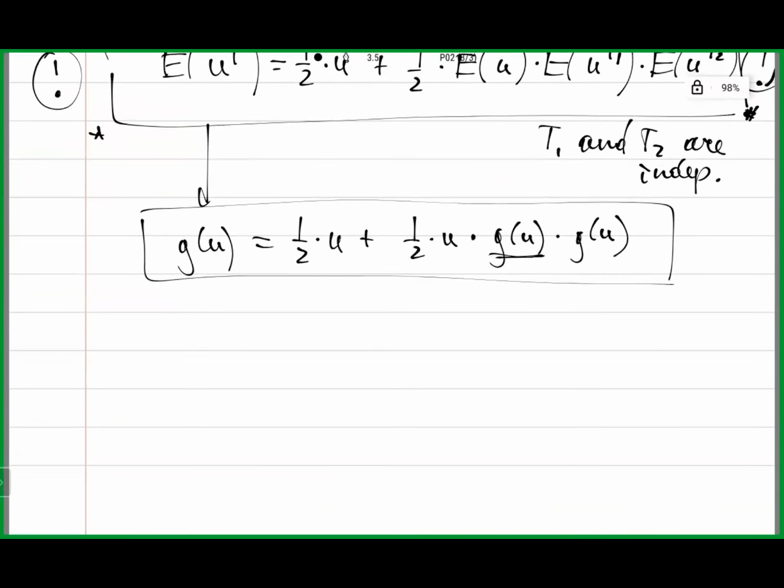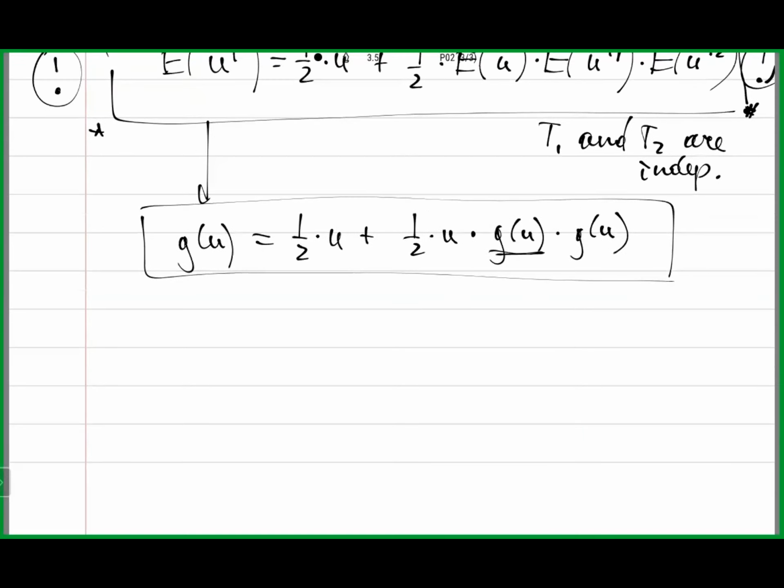Okay, now I think the solution is almost finished. We need to calculate this function, so let's solve the quadratic equation. Let's say we multiply by 2u, and we will get 2g times u equal to 1 plus u squared plus u squared times g squared.